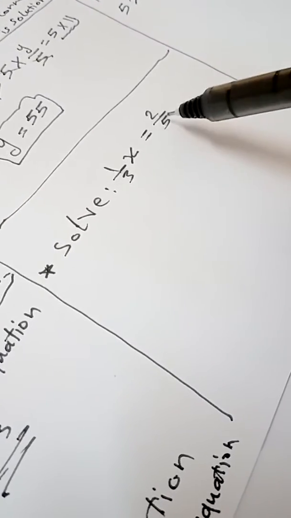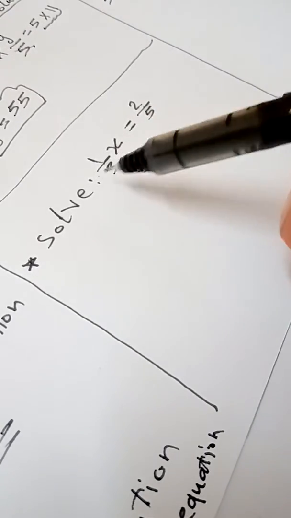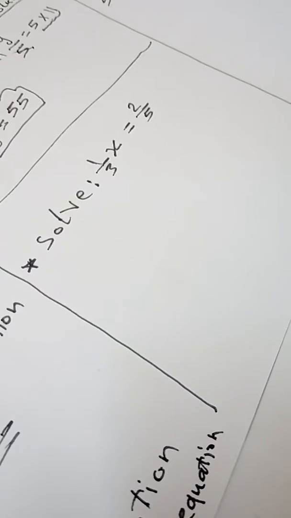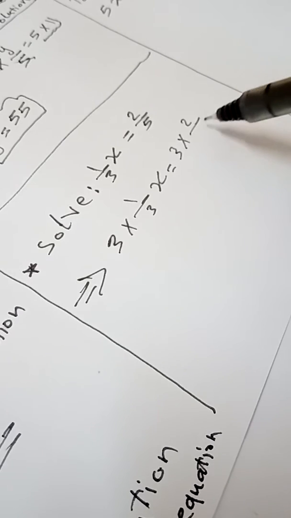Now solve 1 over 3x equal 2 over 5. Try to remove 1 over 3. How to remove this fraction? Here we have 3, so try to multiply the two sides by 3. So I can write now 3 multiplied by 1 over 3x equal 3 multiplied by 2 over 5.